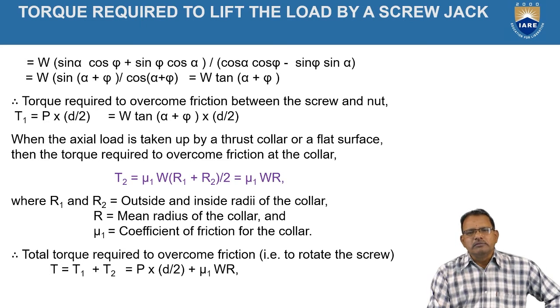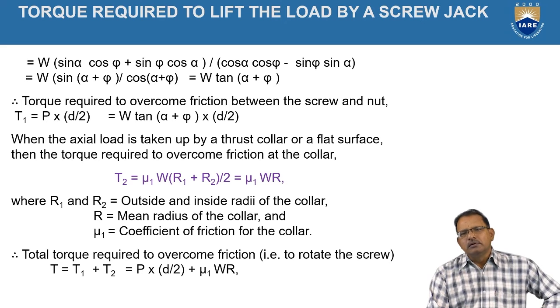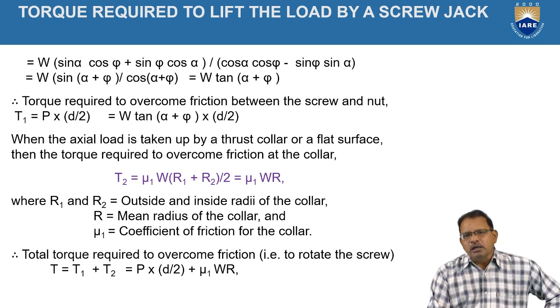R is the mean radius of the column, which is equal to R1 plus R2 by 2. And T2 becomes mu1 into W into R, where R is R1 plus R2 by 2.